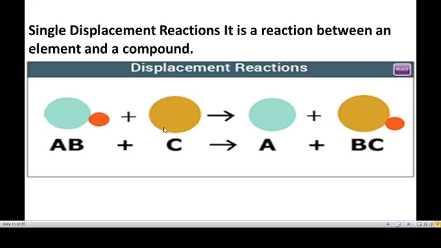A, B and C. B combined with C, so this is displacement. B combined with C to form BC, and A is separated. A single displacement reaction is a reaction between an element and a compound.